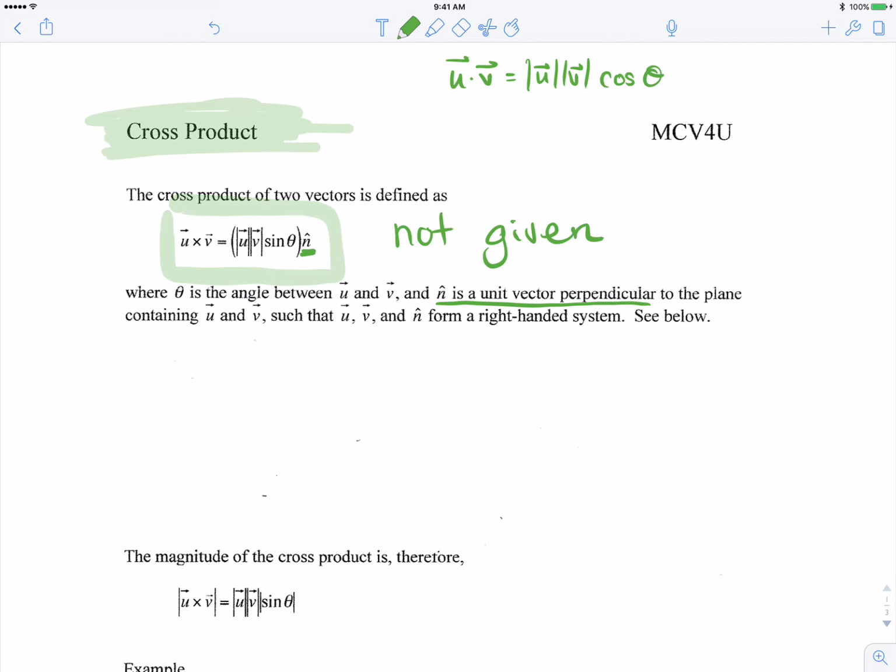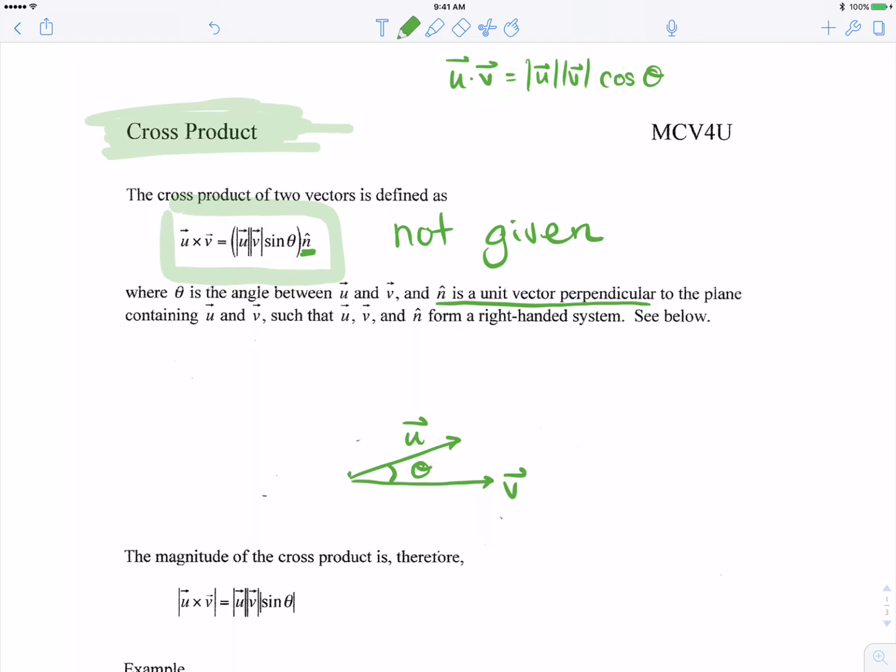In that visual that we just saw, what was perpendicular to the plane was that C, right? It's the cross product. So we're going to use this formula to always find the cross product of something. So if I have vector U here, and I'll call this vector V, remember this is the angle between them, same as before, nothing's changing.